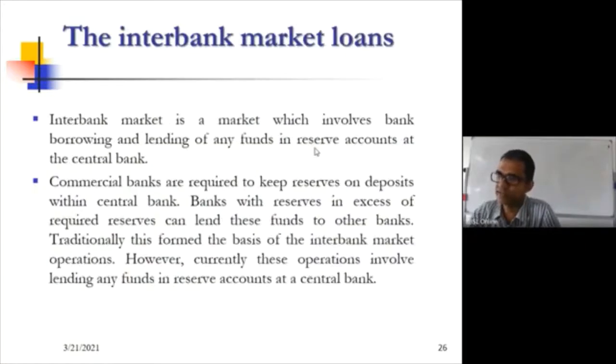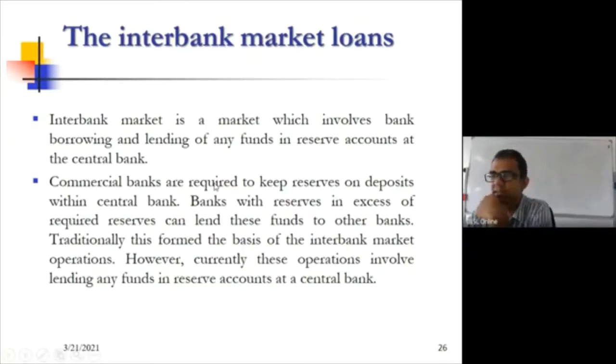The equivalent of that in Sri Lanka is the interbank market. In any country, there are interbank markets, because banks want to lend and borrow from each other. Even in the Fed funds, this is what happens.